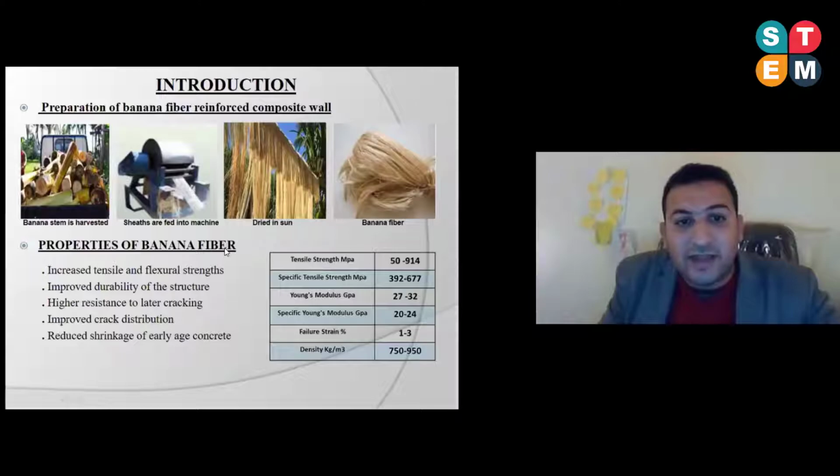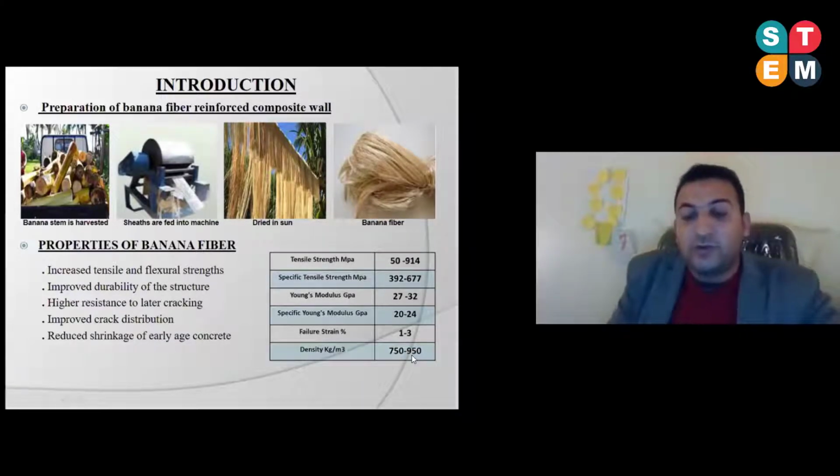The properties of the banana fiber: the tensile strength is 15 to 914, a specific tensile strength is 392 and 77, Young's modulus is 2732, specific 20 to 24, failure strain 1 to 3, and density is 750 to 9050.